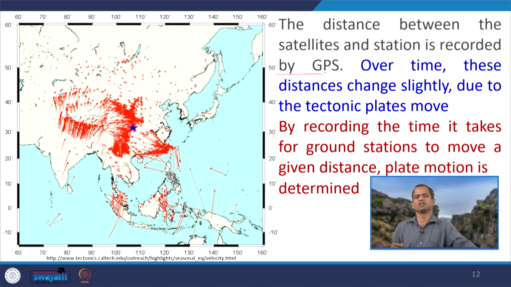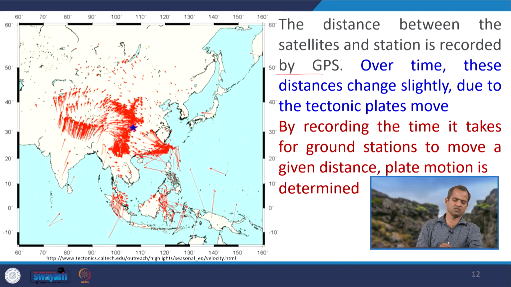Over time, this distance changes slightly due to the tectonic plate moves, and by recording the time it takes for the ground station to move a given distance, plate motion is determined. So, in which direction the plate is moving, at what rate it is moving.